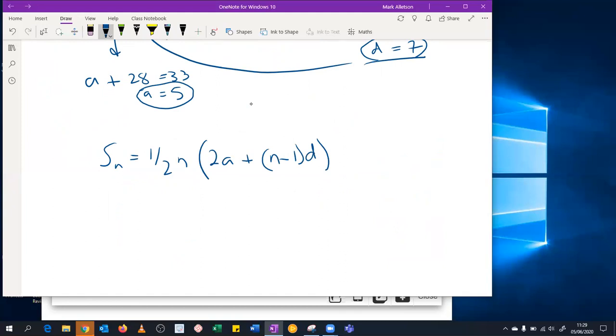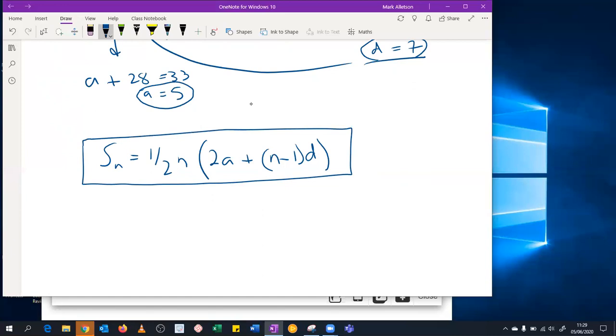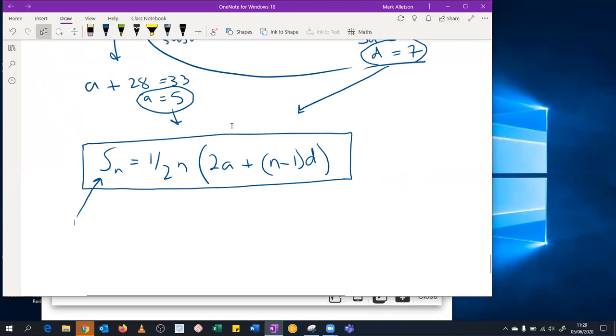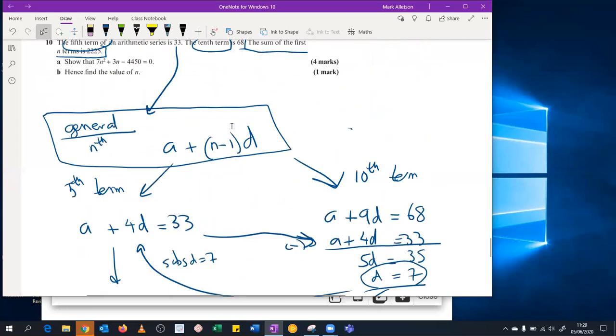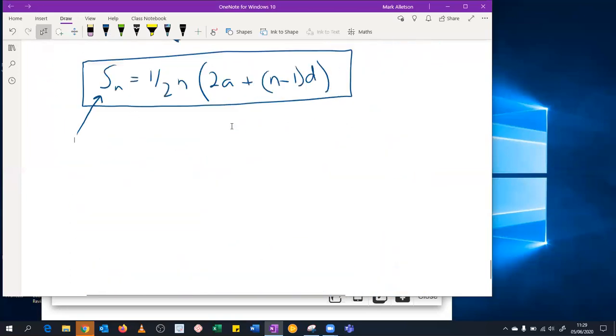That is given to you in your formula book, but it's worth remembering so you don't have to worry about it too much. So if we're given that in the formula book, or we remember it, we can just substitute in things we know. We know that a is 5, we know that d is 7, and we also know the sum of the number of terms is what it told us above, which is 2,225.